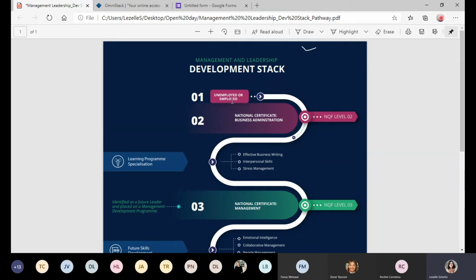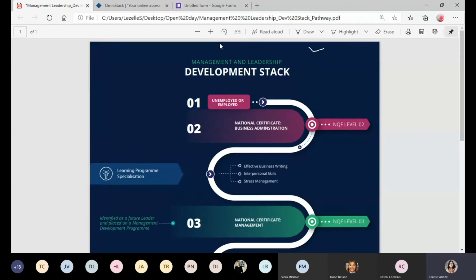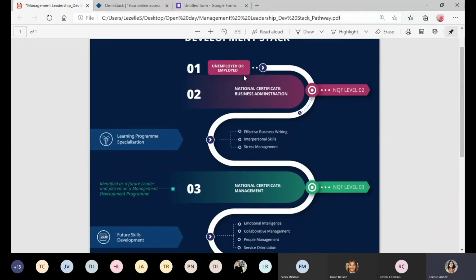They start on an entry level in the workplace and possibly start in an administration role. So we will now start our development program with this individual, and we could start on an NQF level 2.